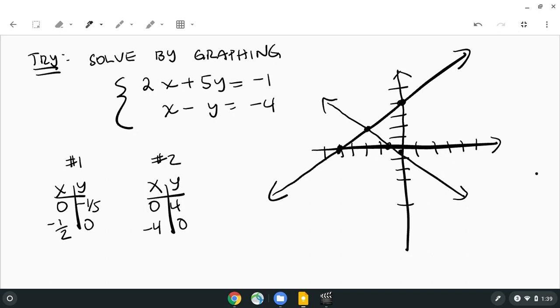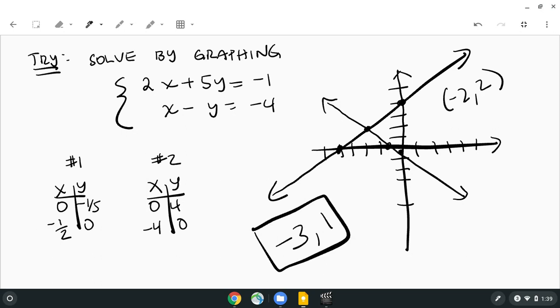All right, my graph looks like the solution is -2, 2. If you did a nice, neat graph, then you would have gotten the correct answer, which is actually -3, 1. That's the actual answer, which is very close to this. I'm only off by 1 on both of these values.